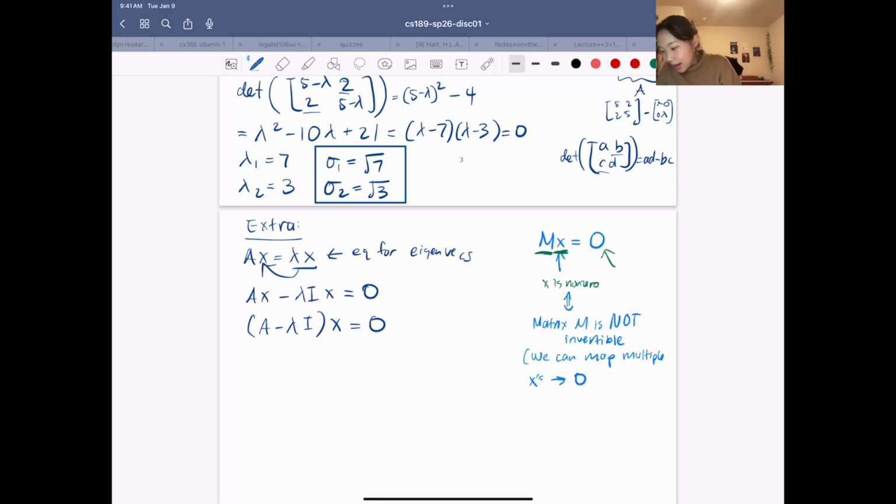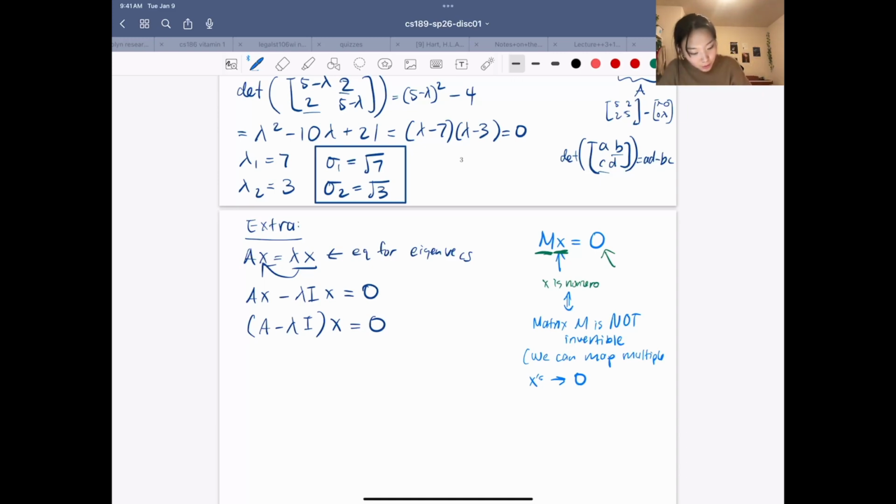So it's not a one-to-one mapping, right? If x is our original vector and we use the linear transformation M and we map it to 0, if we have eigenvectors, we can have multiple vectors that map to 0, but then this 0 can't map back to those vectors. And so therefore, this matrix M is not invertible.